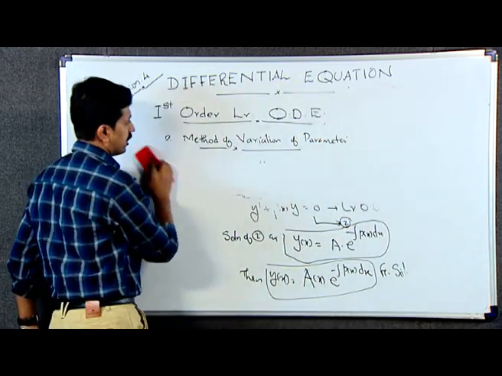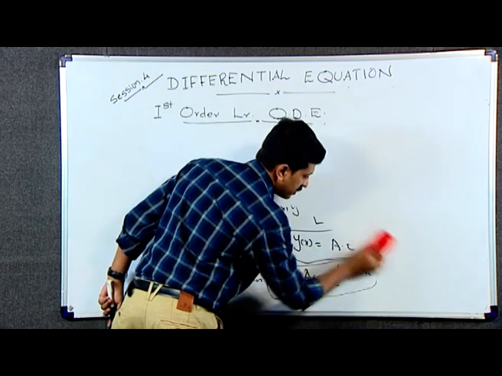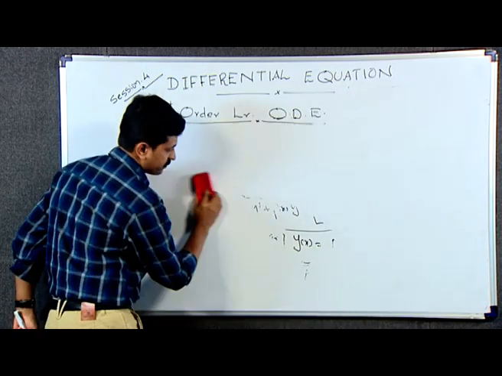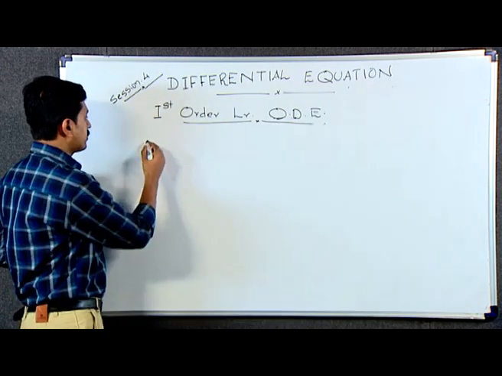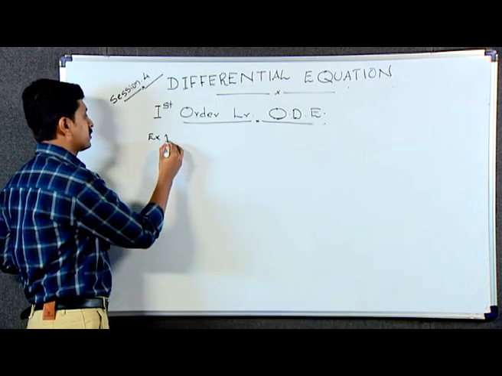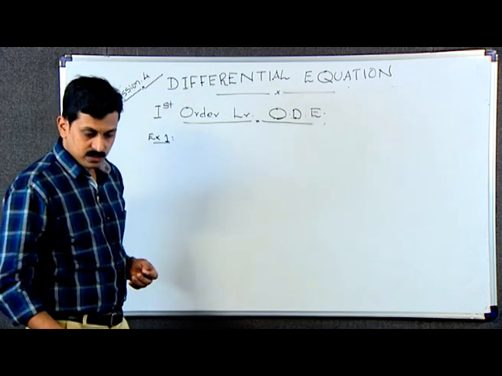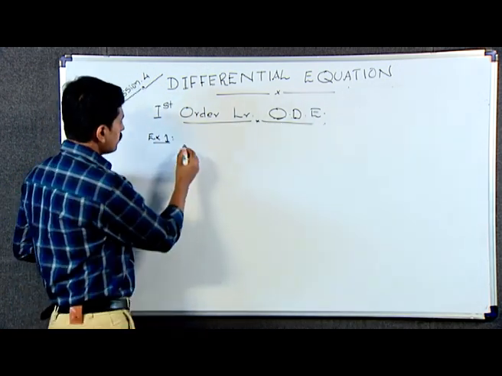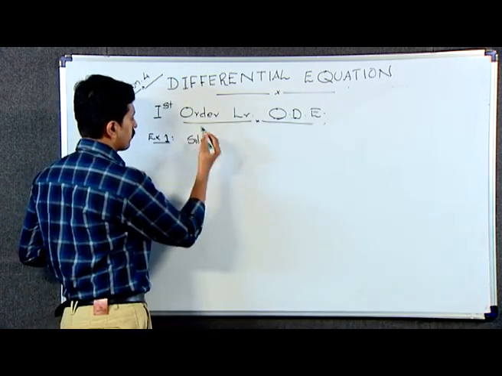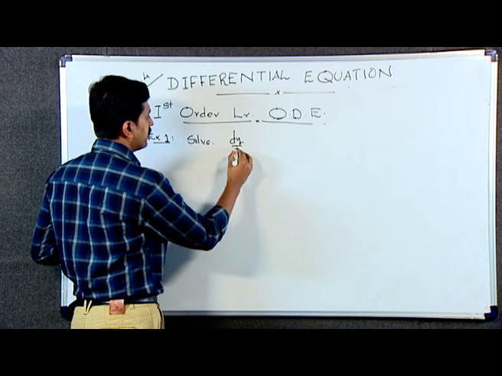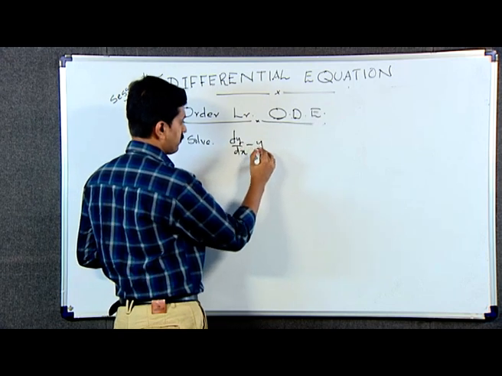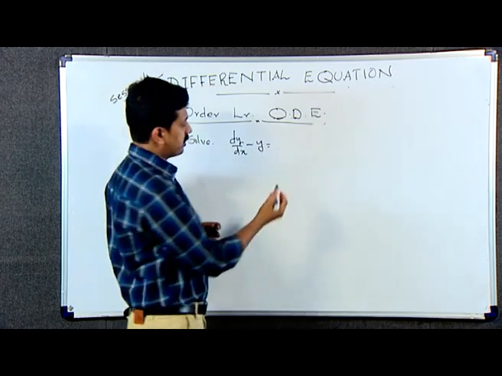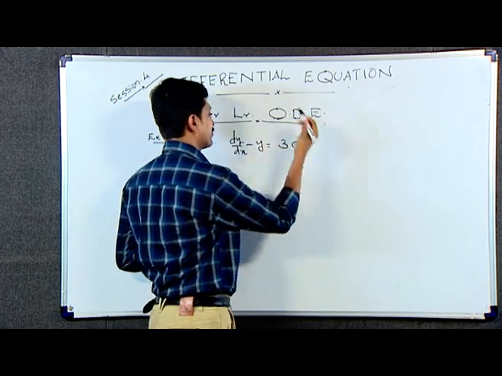Example 1 for this part: solve dy by dx minus y is equal to 3 e raised to x.